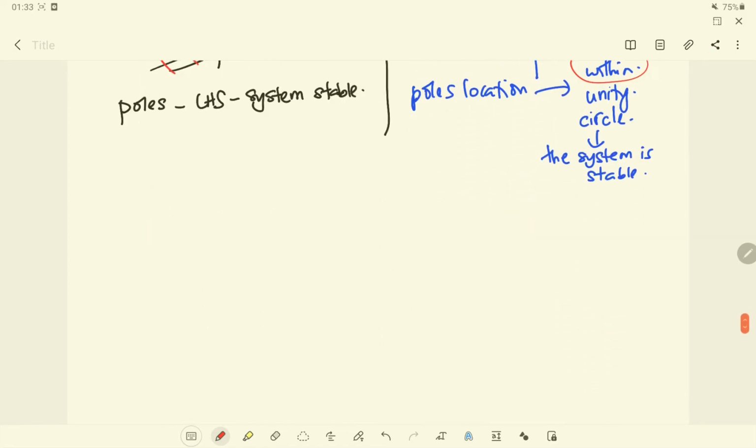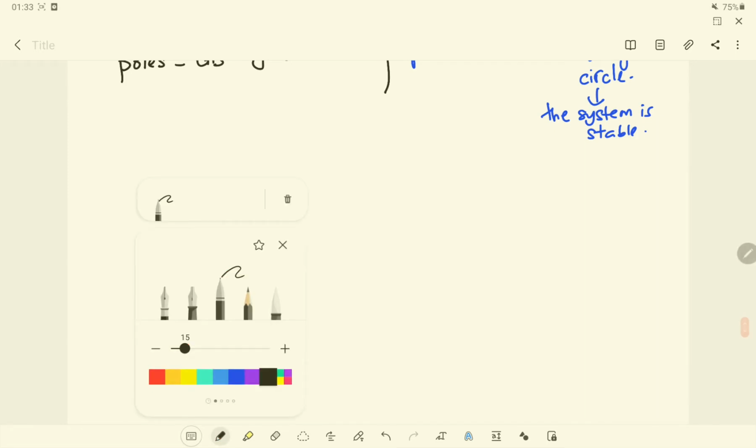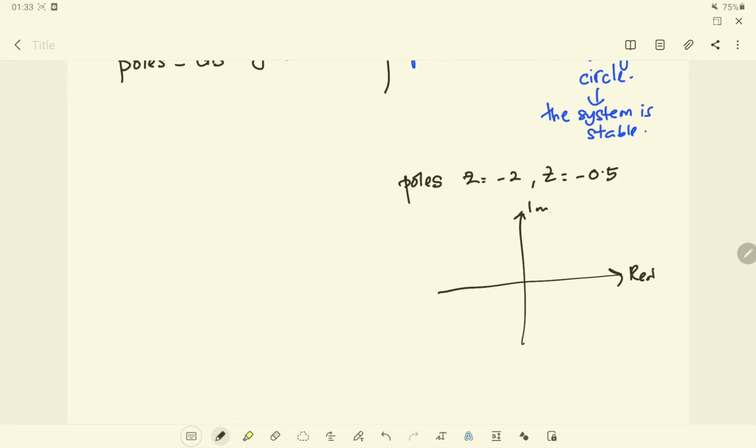So let's say, for example, you have poles with the values z equal to negative 2 and z equal to negative 0.5. We draw the plane with the real and imaginary axes, and then the unity circle: 1, 1, negative 1, negative 1.